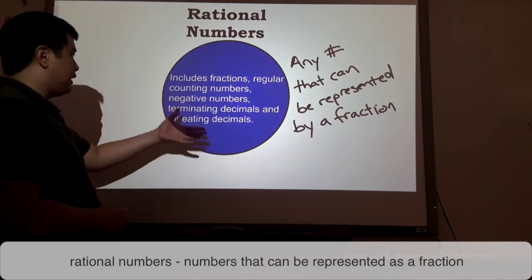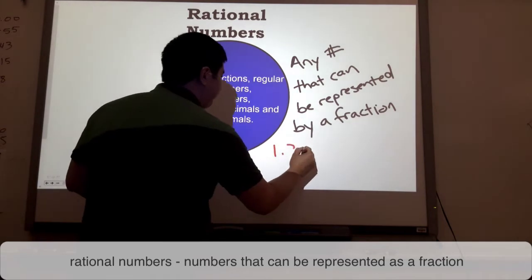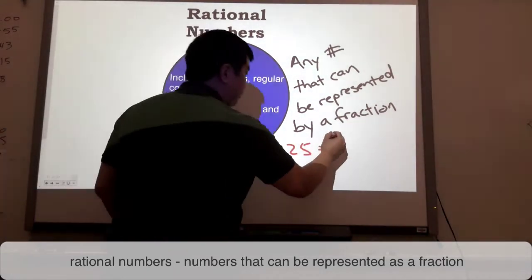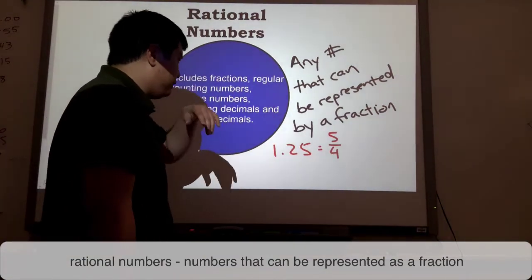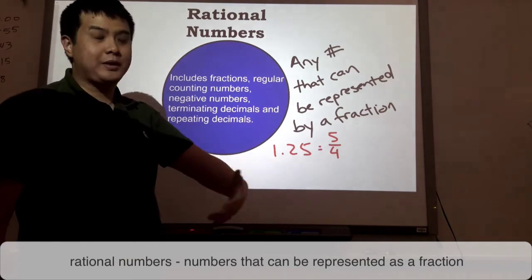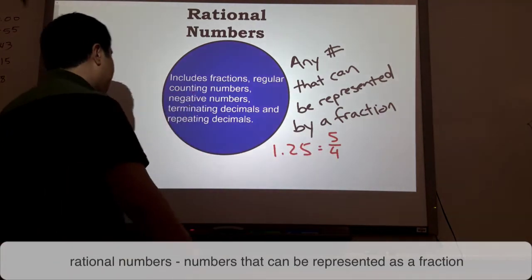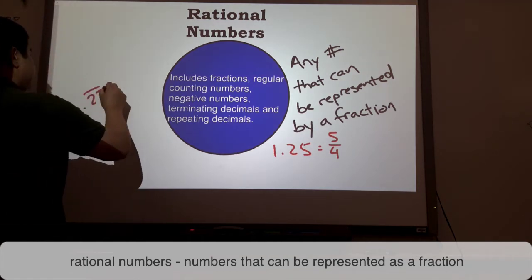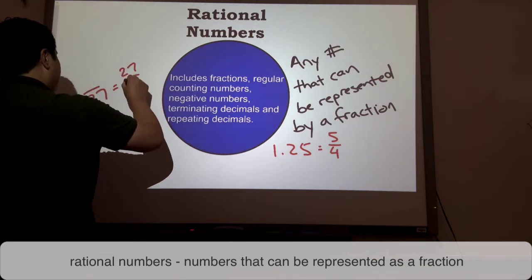Any number that terminates, so for example, 1.25 can be represented by a fraction, which is 5 over 4. And any number that continues and repeats on and on, has a repeating decimal. So for example, 0.27 repeating can be represented by a fraction 27 over 99.